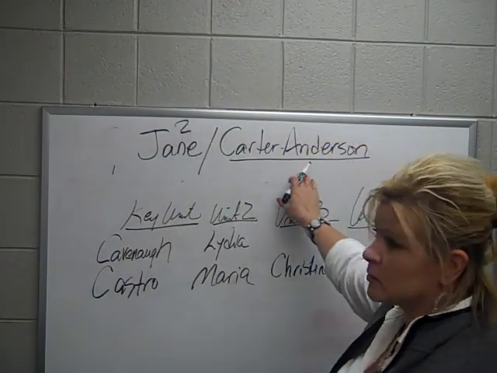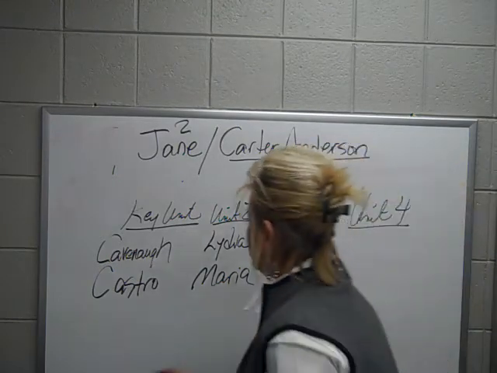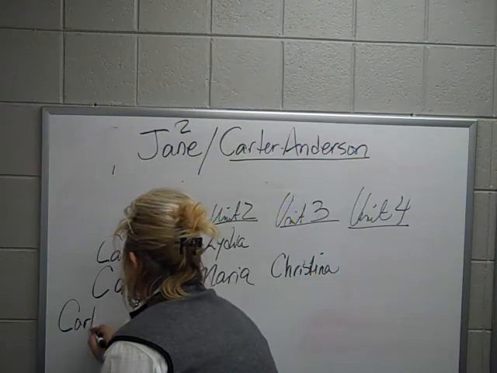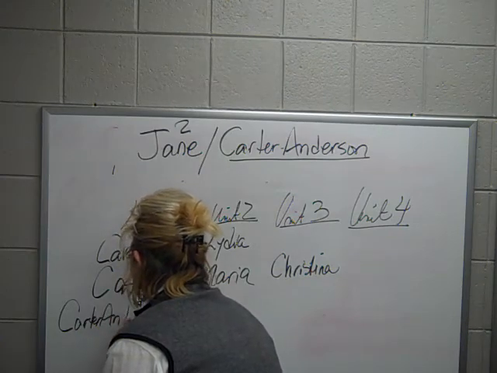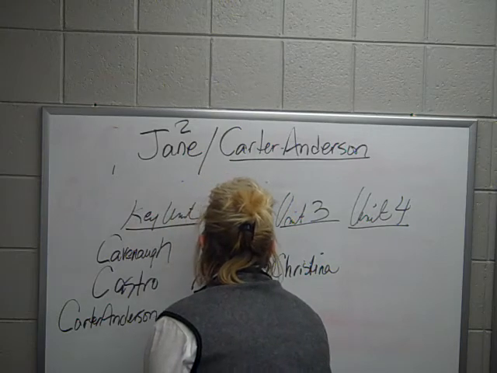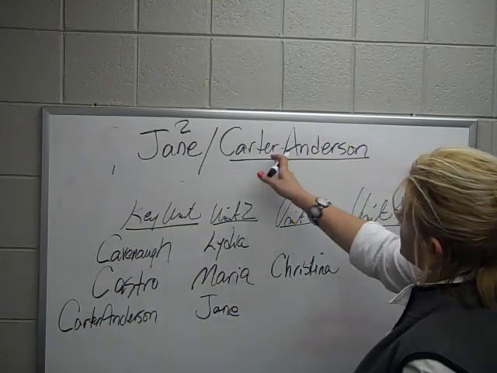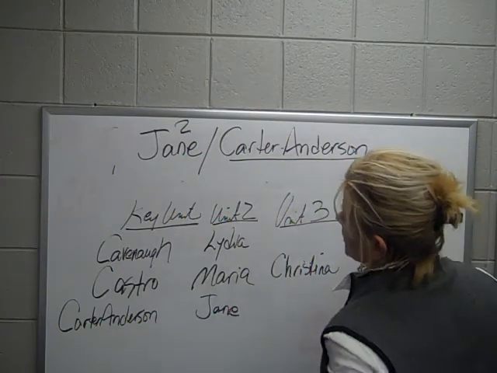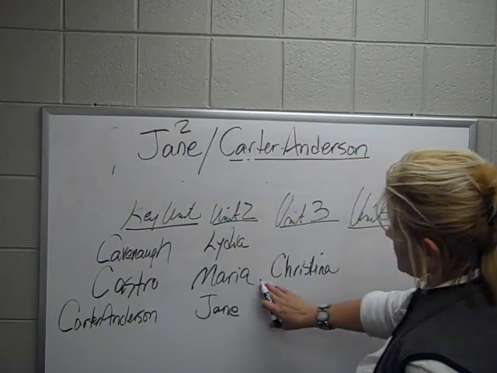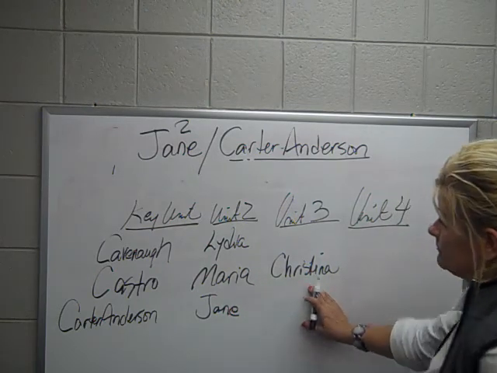So the key unit is going to be what? Carter Anderson with no hyphen. Carter Anderson. And Jane is unit 2. So you see, you drop any punctuation, put it together, and these go together. This one did not have a hyphen, so that made that a 3rd unit.